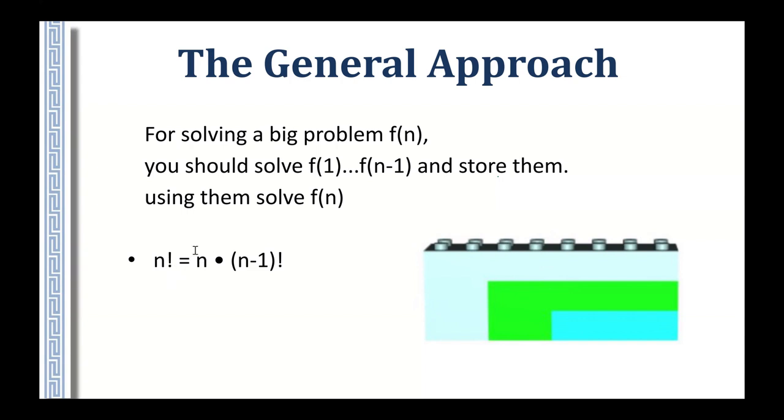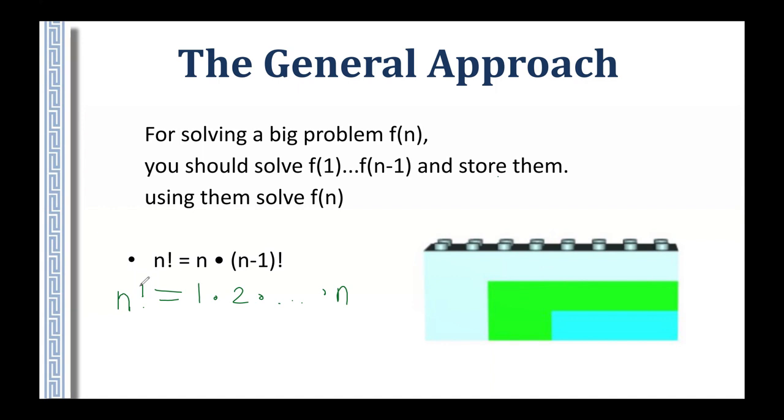For example, n factorial can be solved using dynamic programming. What is n factorial? N factorial, in fact, is the product of positive integer numbers from 1 to n. So for computing n factorial, we can just multiply all numbers from 1 to n.